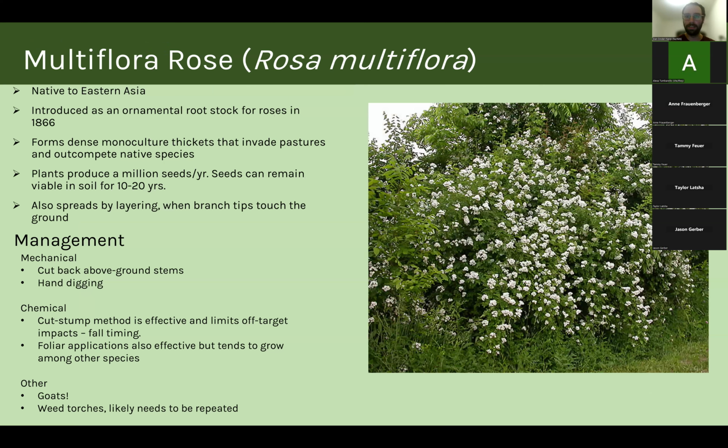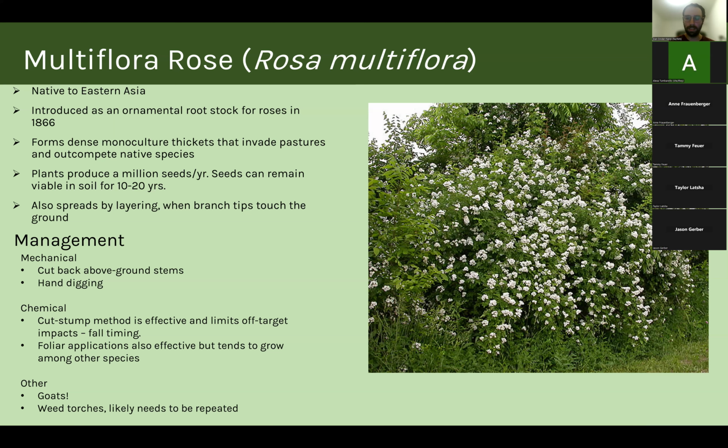Multiflora rose, another multi-stemmed shrub, just like Japanese barberry, thorned, slightly different thorns, recurved barbs on multiflora rose as opposed to the very straight, thin barbs on barberry. This is another one that likes to arc and grow among other species.